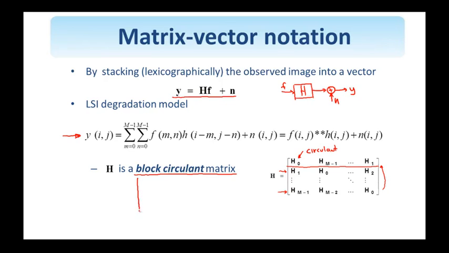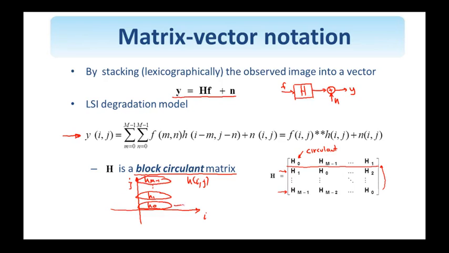As a matter of fact, let's say, for simplicity, H here has a first quadrant support, and this is the 0th row, this is the first row of the impulse response, this is the m-1 row.